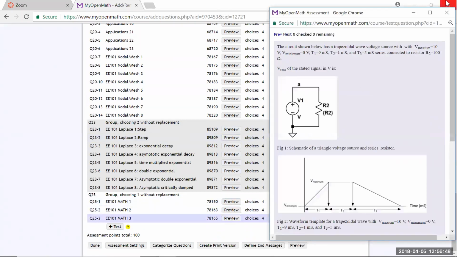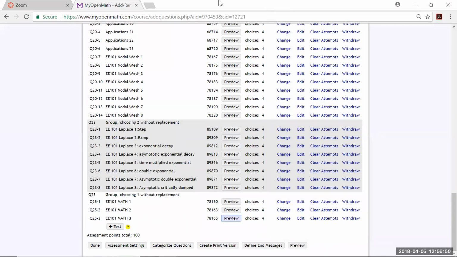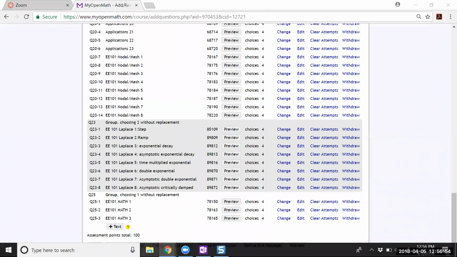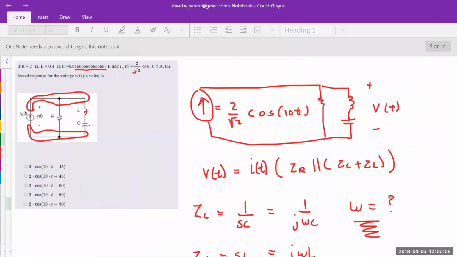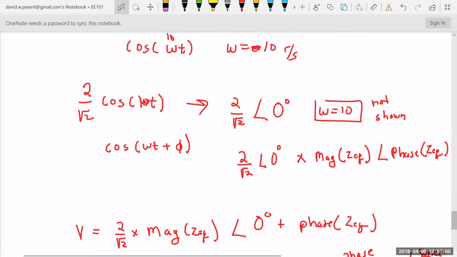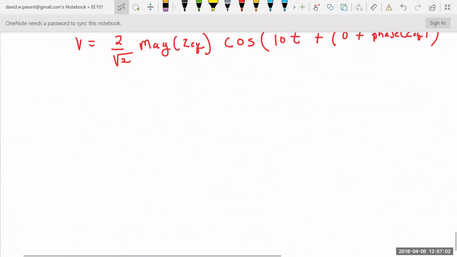So really, I've pretty much gone over every kind of problem you'll run into in the complex thing.